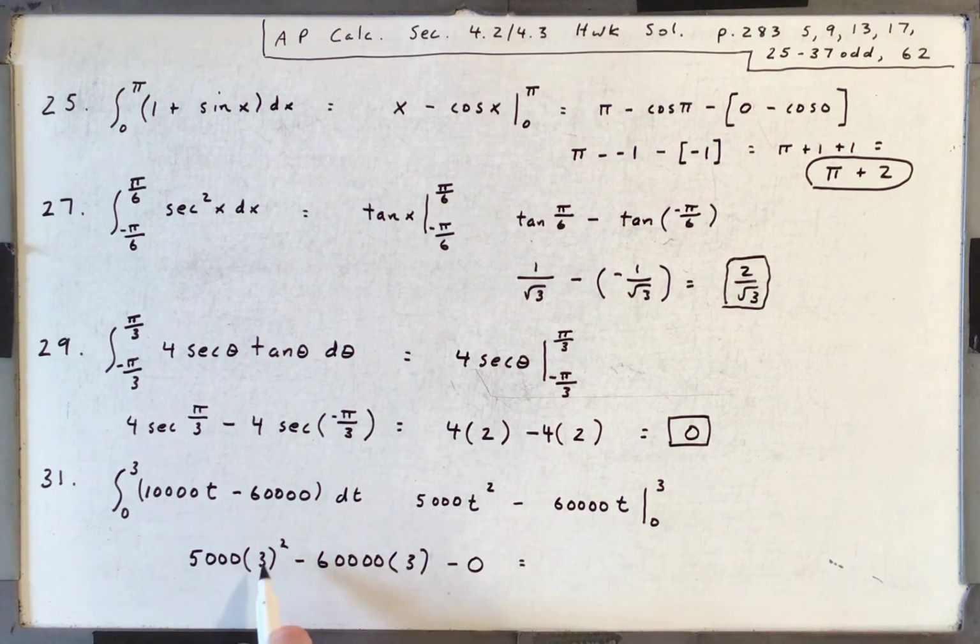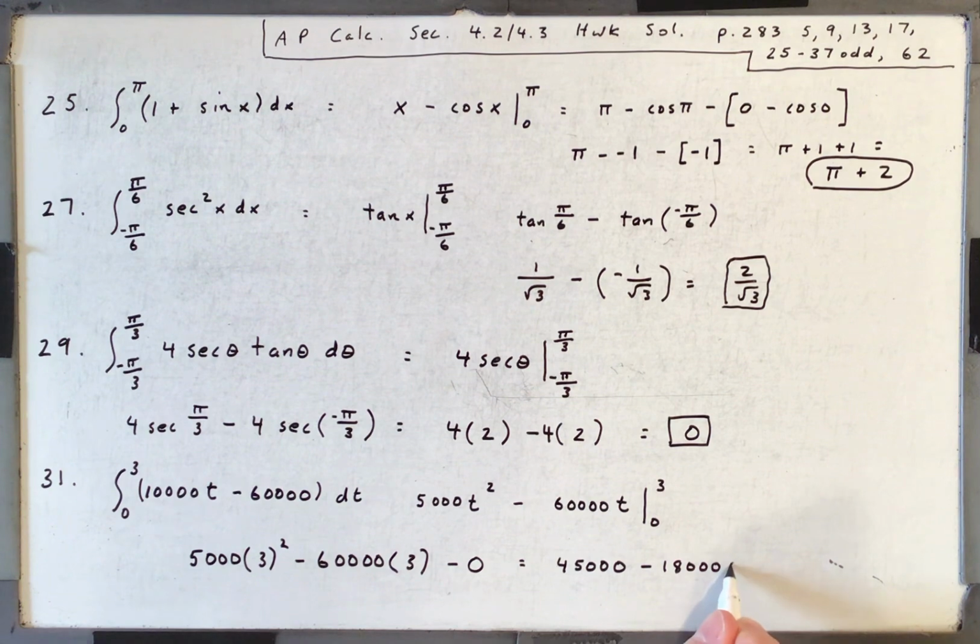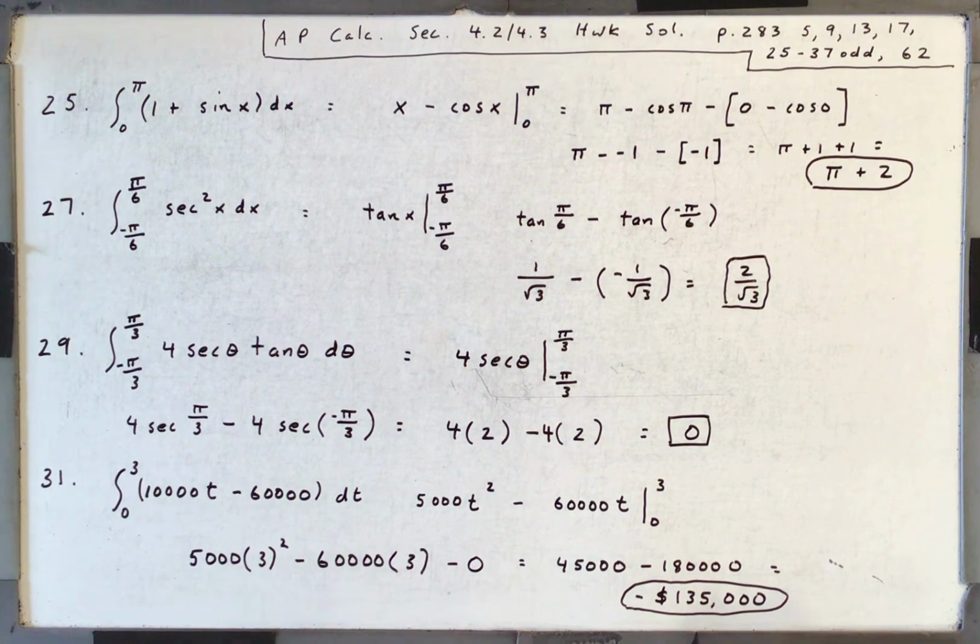So that's 9 times 5, 45,000 minus 180,000. So that would be negative 135,000. So what that's saying is the machine just over time depreciated or lost a value of 135,000 during those 3 years.